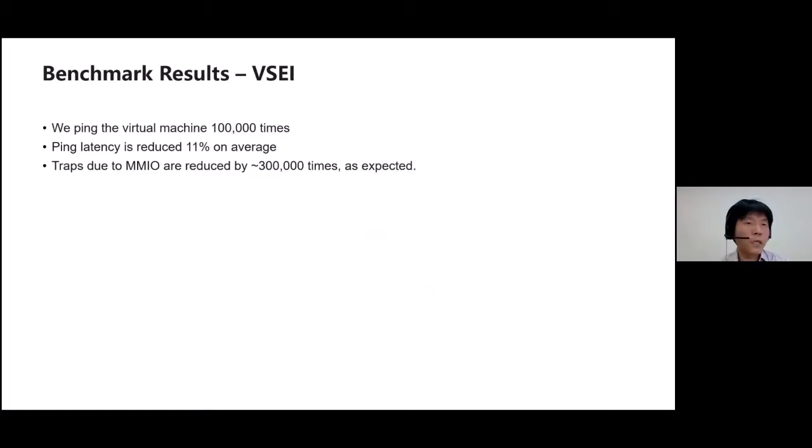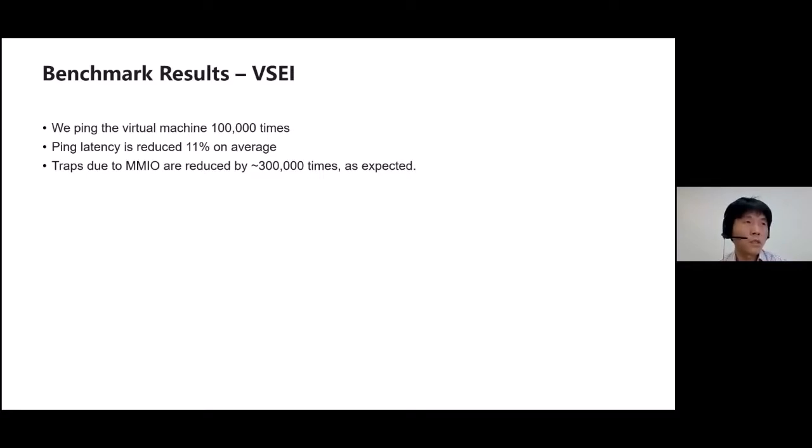For VSEI, we used ping to the virtual machines from the host and measured the latency. With our extension, the latency is reduced by 11% on average. The gain also comes from elimination of traps due to I/O operations. We pinged the machine 100,000 times and observed a trap reduction due to MMIO of around 300,000.